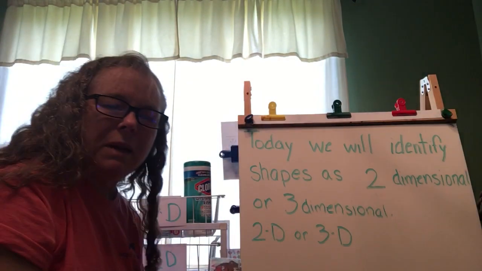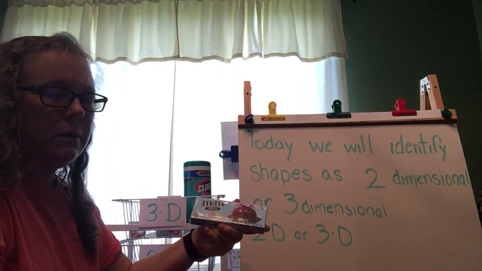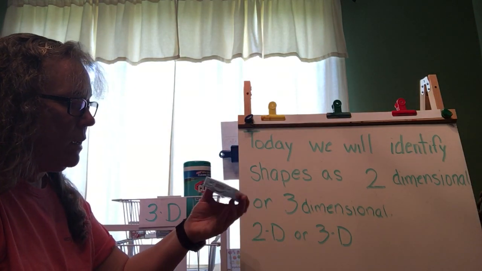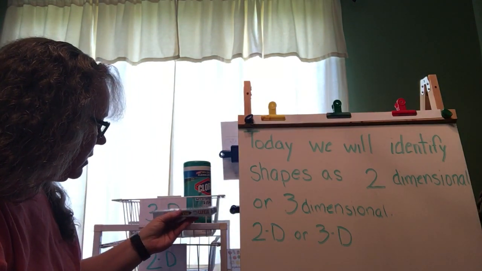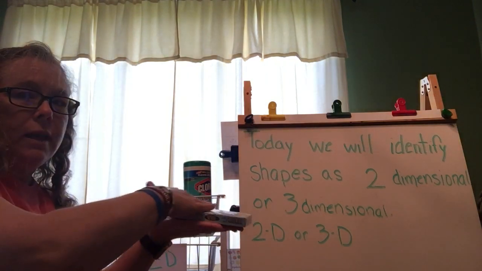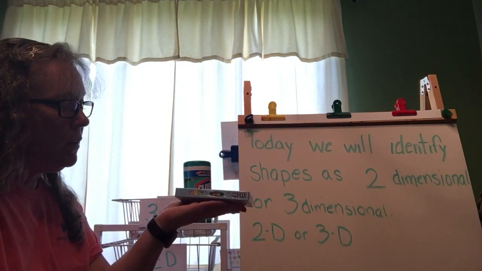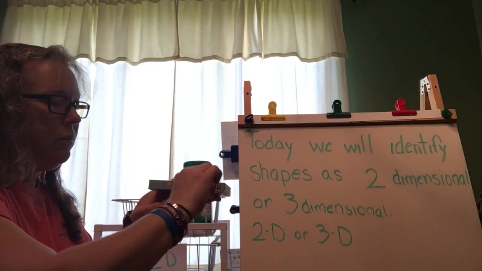I stole these out of my kids' Easter bag because they haven't eaten them yet. What are these? Some M&Ms. This M&M is in a box, and this box is solid, three-dimensional, or flat, two-dimensional. You're right, it is flat on one side. It could be a little tricky, but it also has some width to it.